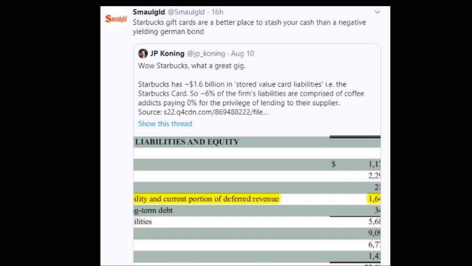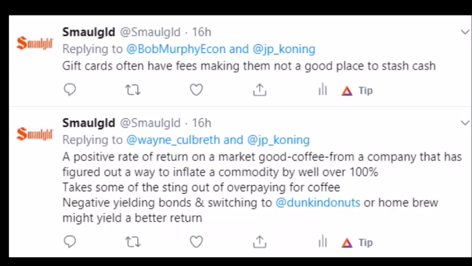Now, not all gift cards are created equal. The problem with a Starbucks card, as far as I can tell, is you can only use it to buy Starbucks. I suppose you can trade it for its cash value, but then someone who buys it has to want to use it at Starbucks. I think they're transferable.